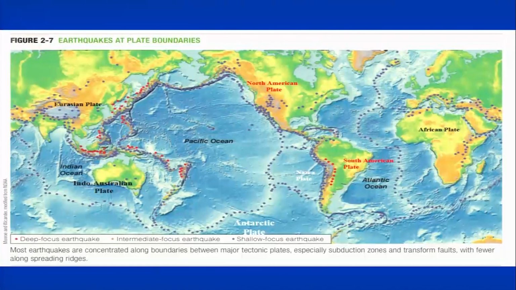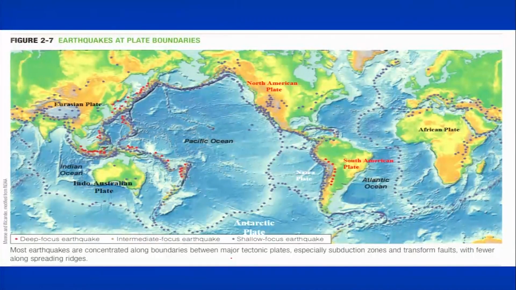Now if you look at this map, which shows the relationship of the plate boundaries and the orientation, or you can say the locations, of the earthquakes, most of the earthquakes are along the plate boundaries. So this helps us understand that these plate boundaries are dangerous in terms of earthquake hazard.